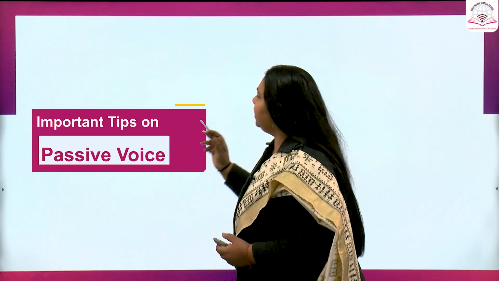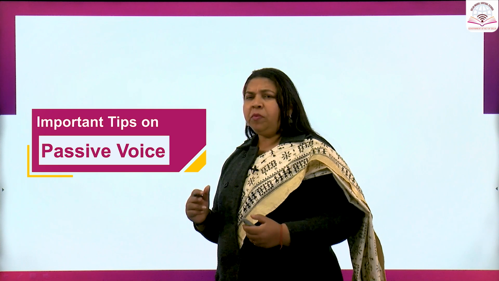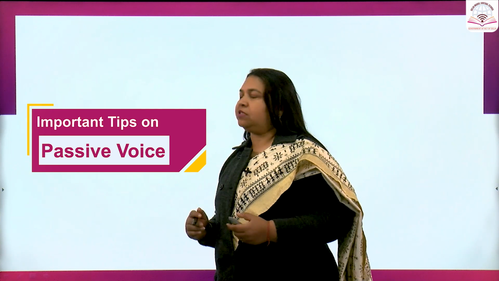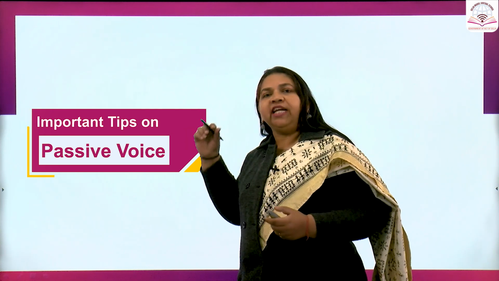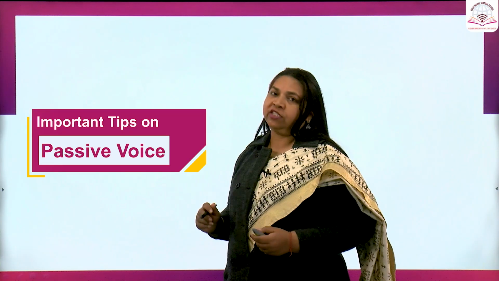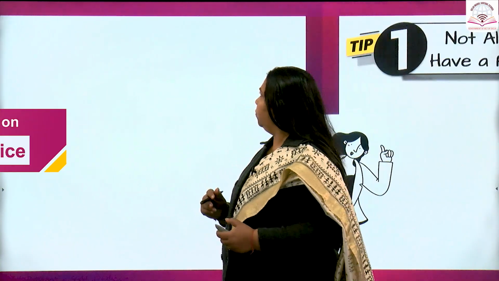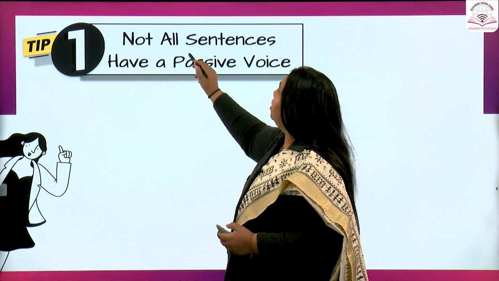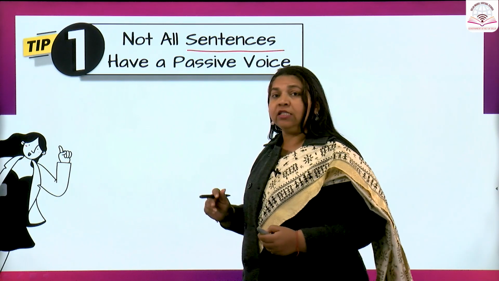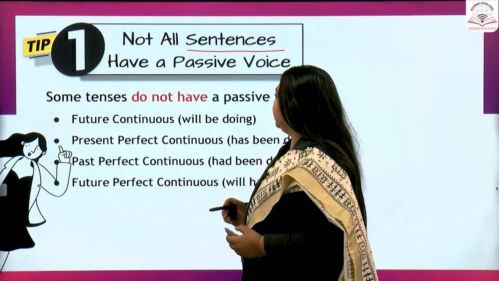Now after understanding the transformation from active to passive, there are a few important tips on passive voice which you all need to know. First thing is, not all sentences have a passive voice.